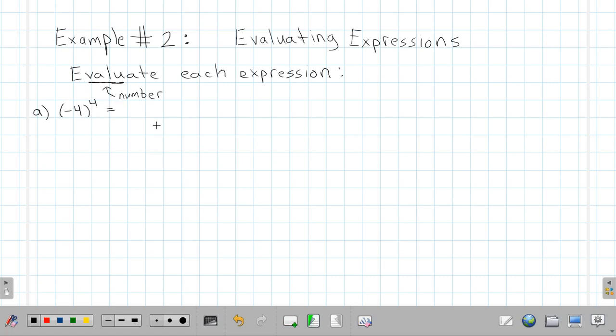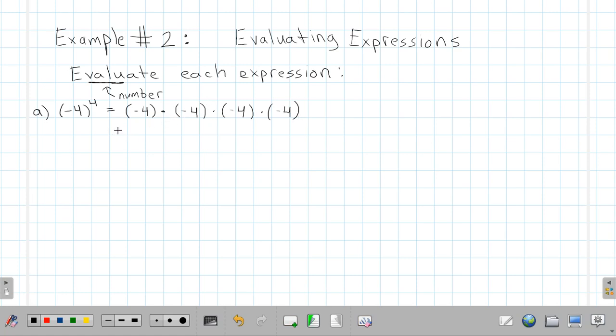We would take the exponent and we would write it out. So in this case, the base we see is -4. Once again, the parentheses are going to be important here because, when we look at the second part, you'll see exactly why they're important. But in this case, this tells us the base is -4, and it's going to be repeated 4 times. So we're going to have -4 times -4 times -4 times -4.